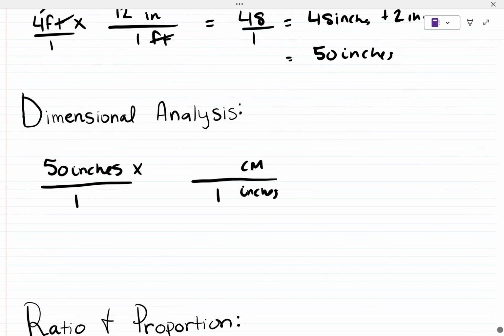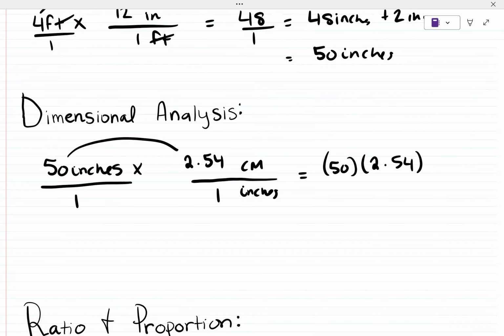Well, for 1 inch, there's 2.54 centimeters, and then multiply across. So 50 times 2.54 over 1. And when you multiply this out, you get exactly 127.